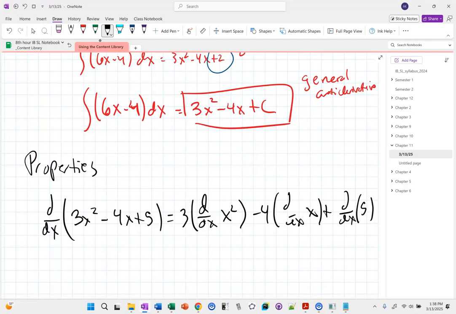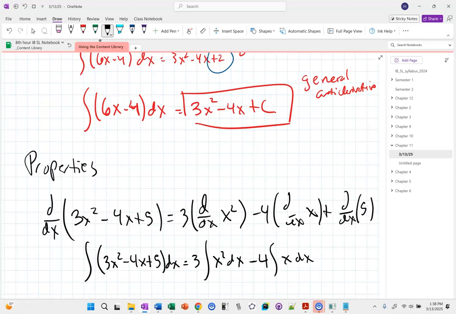Everybody's okay? You recognize that we do that all the time? If we were to do the antiderivative, or do the integral, of this same thing, guess what? We can use all those same properties. We can distribute that integral symbol.